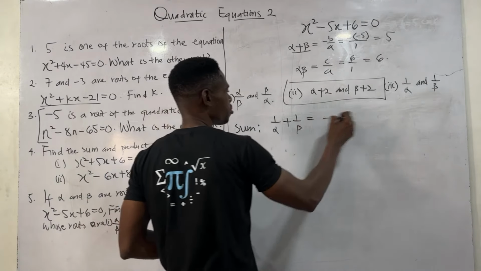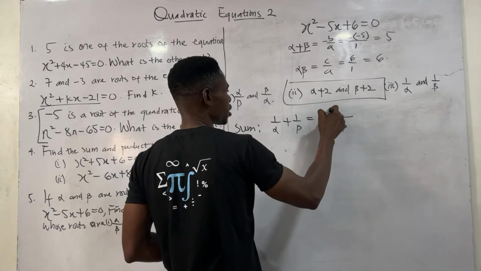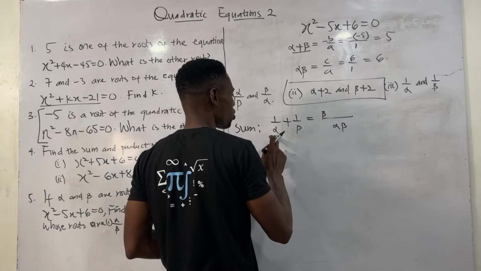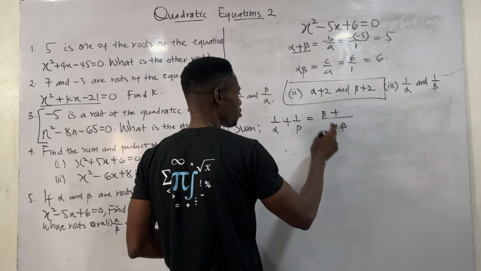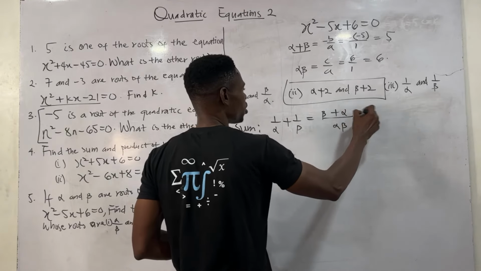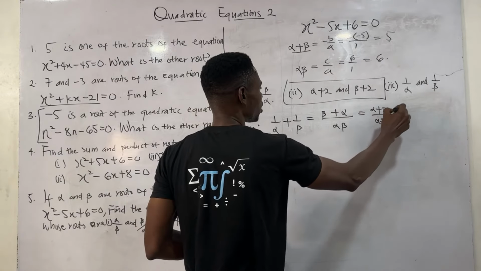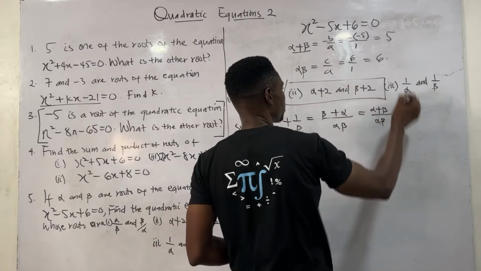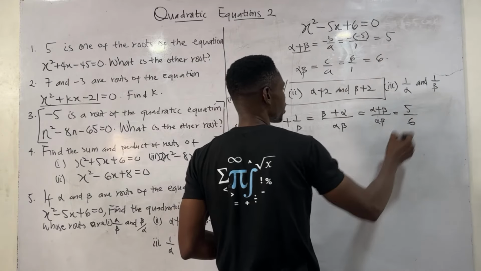What's our LCM? Alpha, beta. Alpha and alpha, beta, that's beta. So beta times 1 is beta, plus beta in alpha, beta is alpha. Alpha times 1 is alpha. So what we have is alpha plus beta over alpha, beta. Alpha plus beta, we already have that as 5. Alpha, beta, we have that as 6.